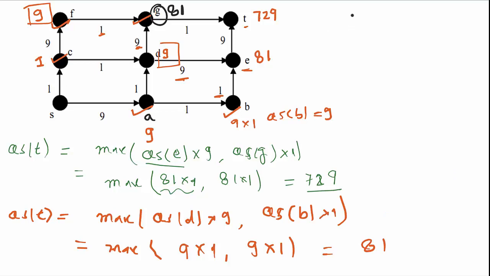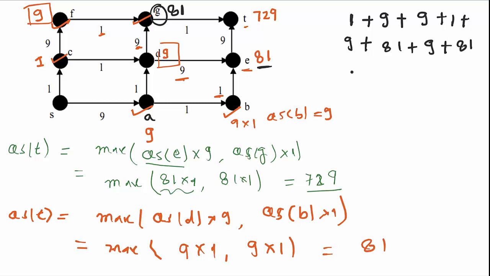What is the quality score of S? It is 1, defined in the question itself. Plus the quality score of A, 9, the quality score of B is 9, plus C is 1, plus D is 9, plus E is 81, plus F is 9, plus G is 81.